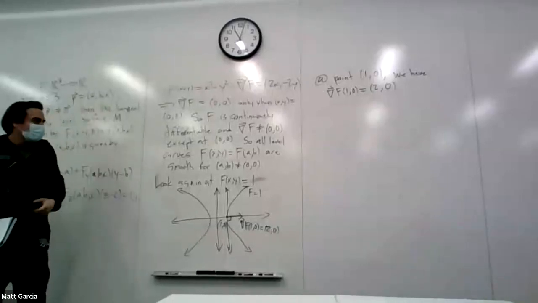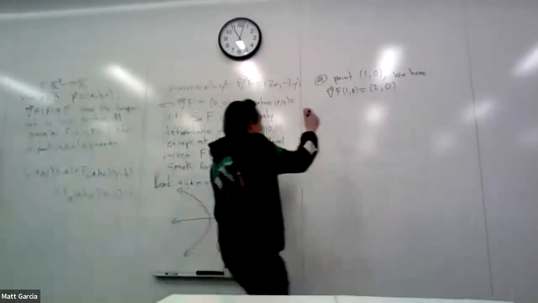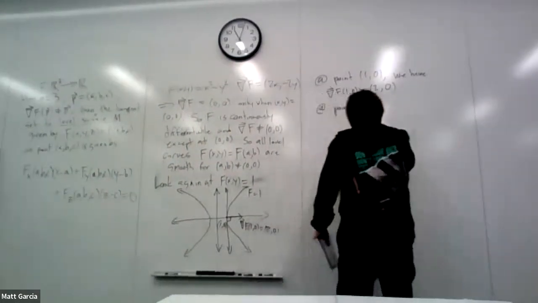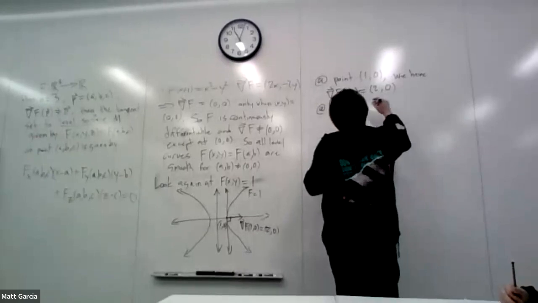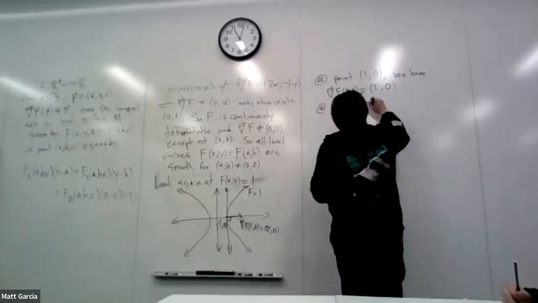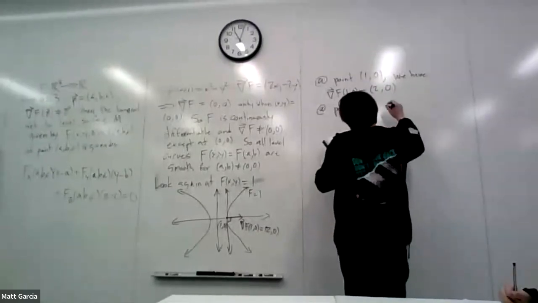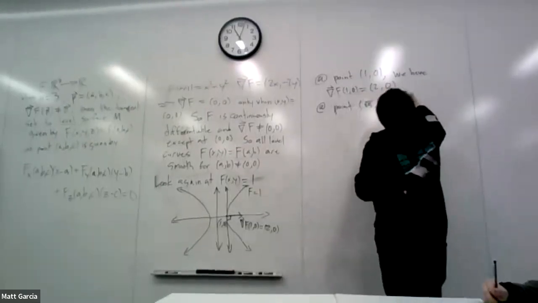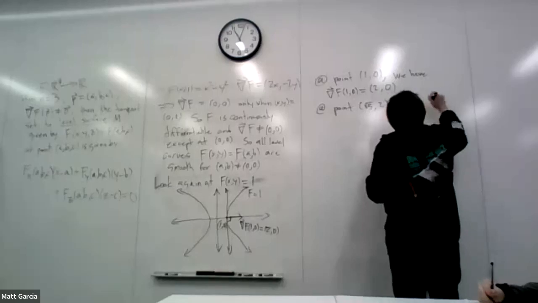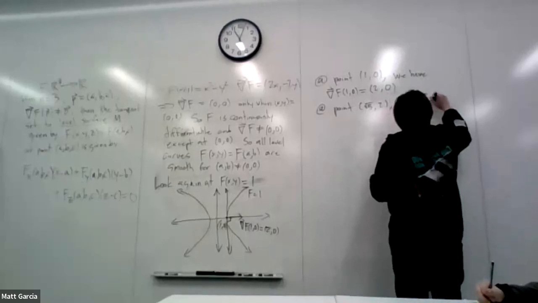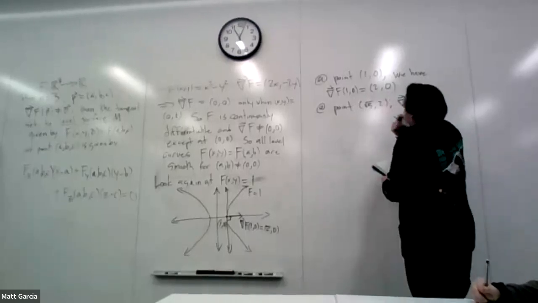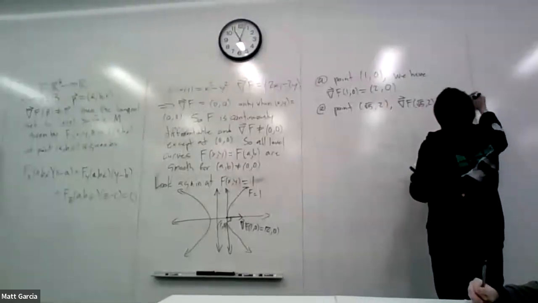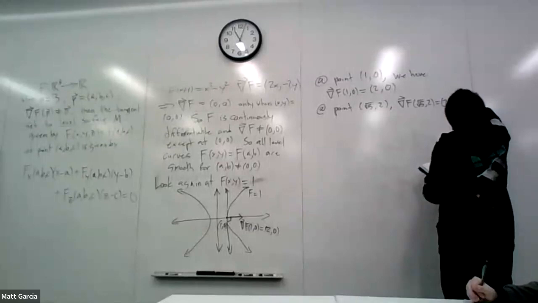Okay, so let's look at another point. At the point, oh, let's say root 5 comma 2. Gradient of f evaluated at root 5 comma 2 is 2 root 5 comma minus 4.